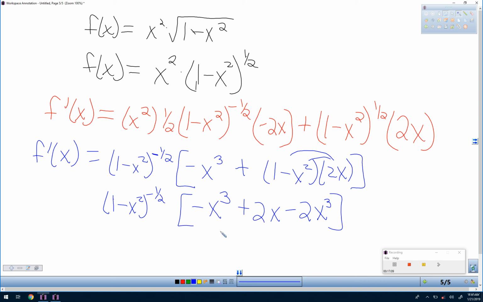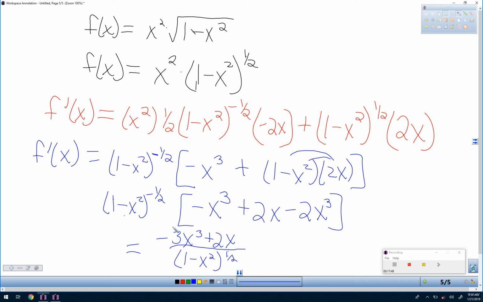So then what I'm going to be left with is in the numerator, negative 3x cubed plus 2x, over, in the denominator, 1 minus x squared to the positive 1/2.